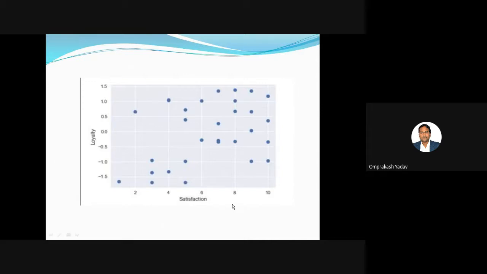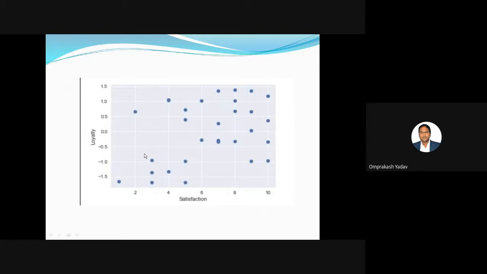Many times whenever we have data, we first try to make the scatter plot, and then we try to observe the data. Now if you see this plot which I've made, it clearly indicates one cluster or group of people over here, and some people over here. So we can make two clusters, one over here and one at this particular place. Now if you see the samples at this particular place, the loyalty increases from down to up in the y direction, and the satisfaction increases towards the right.